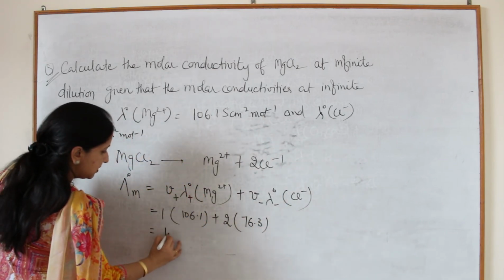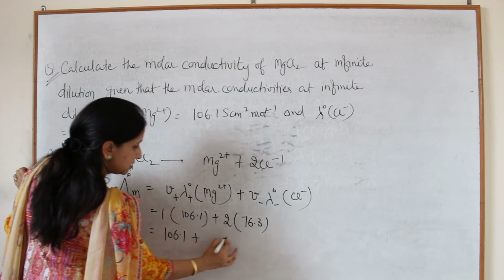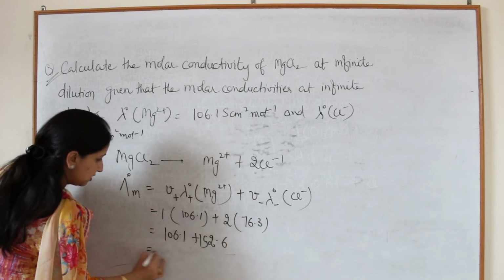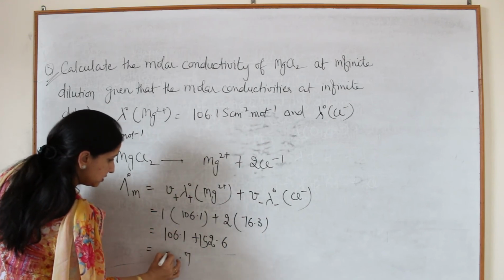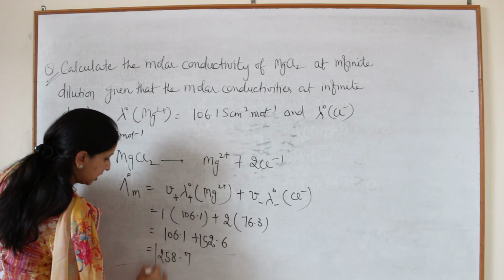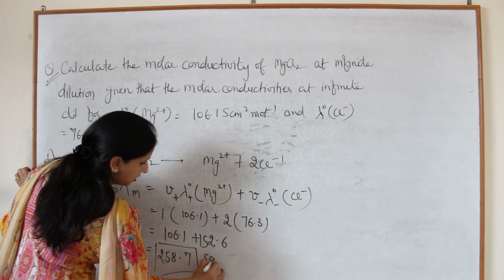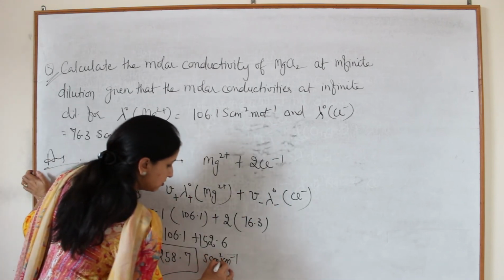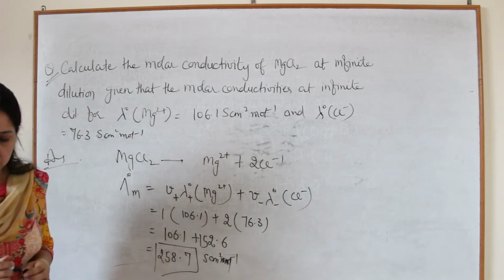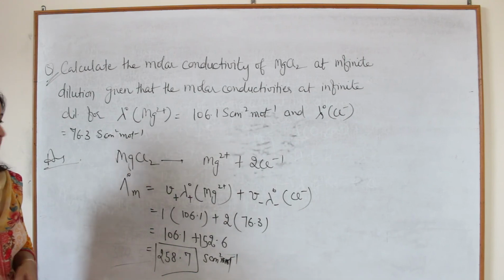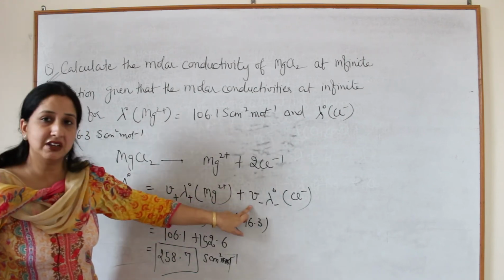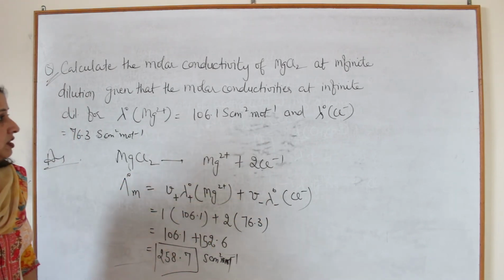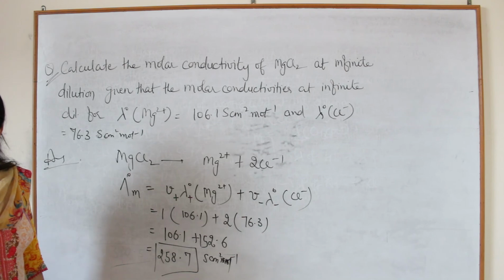So the answer will be 106.1 plus 152.6, which is equal to 258.7 Siemens centimeter square mole inverse. So these V positive and V negative are the number of cations and anions respectively. So this is all about your Kohlrausch's law.